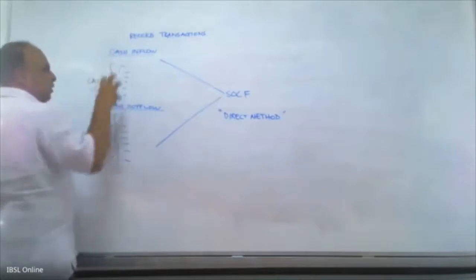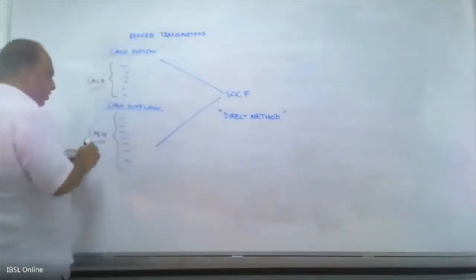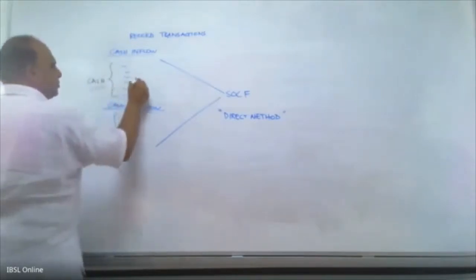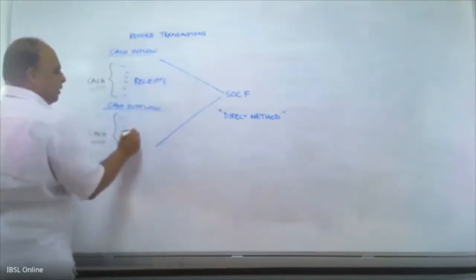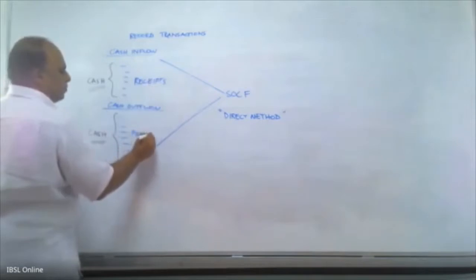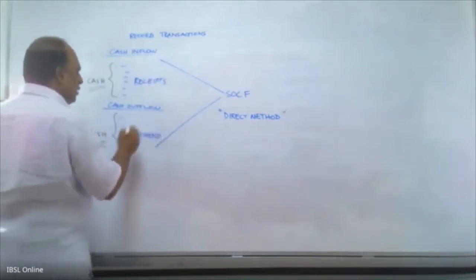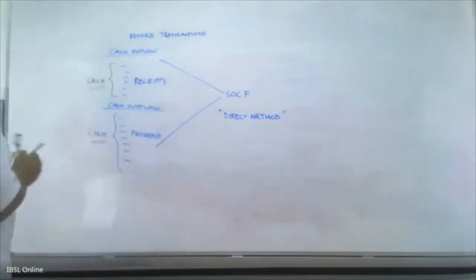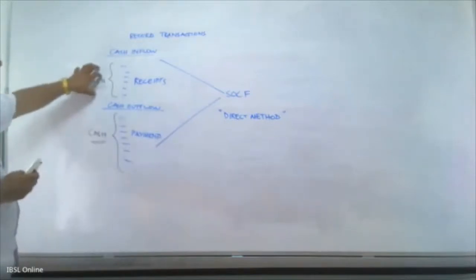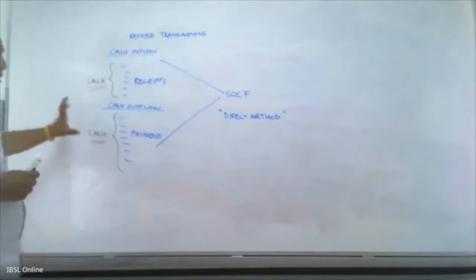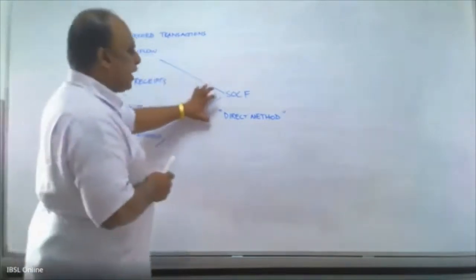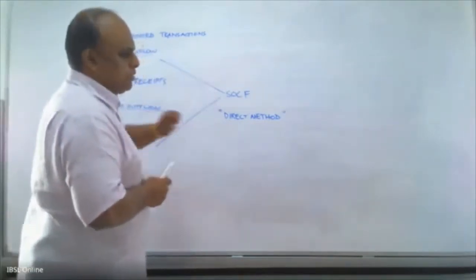Either receipt or payment. All these are called receipts, and these are payments. So if you can monitor and identify each and every cash receipt and each and every cash payment, then when you take it to the statement of cash flows, that is known as direct.